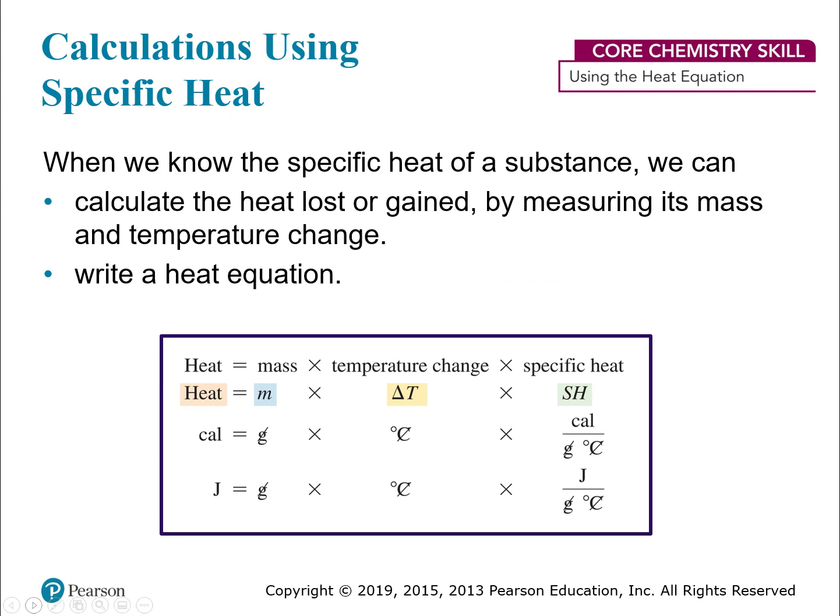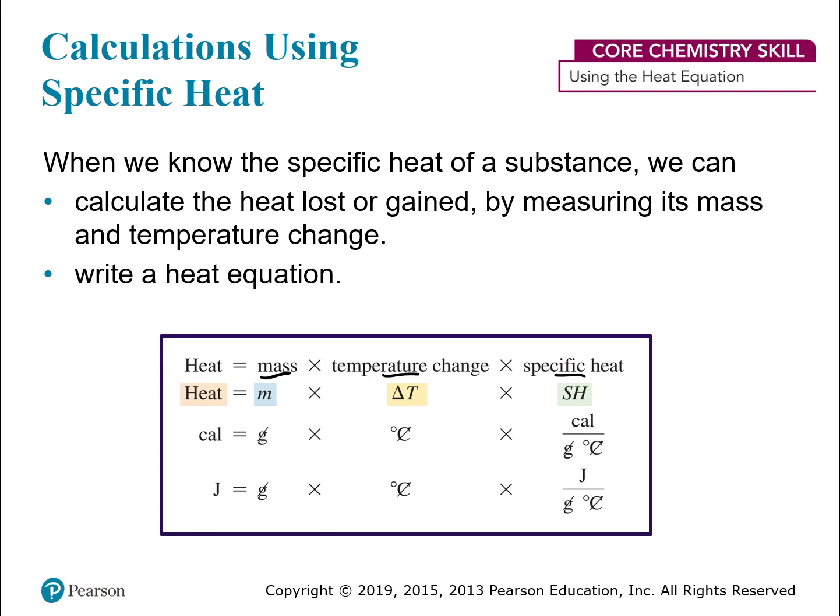Now, we're not just going to talk about specific heat and conceptualize. We got to do some numbers. When you're calculating the amount of heat gained or lost, you also need to have the mass and the temperature change. So heat is always equal to the mass times the temperature change times the specific heat.